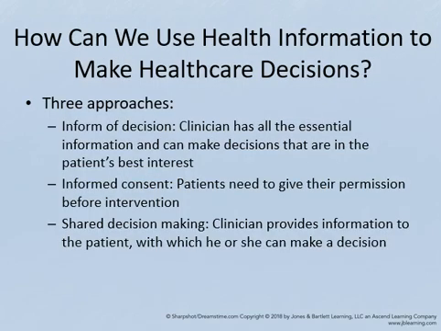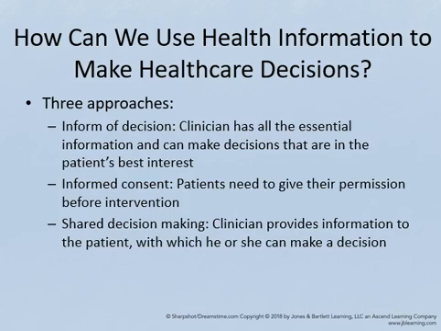There are 3 approaches to decision making: informed decision, informed consent, and shared decision making. Now there is a table in your textbook, table 3.5, that goes into detail with regards to the advantages and disadvantages of these different types of decision-making models. But in general, informed decision means that the clinician has all the power.